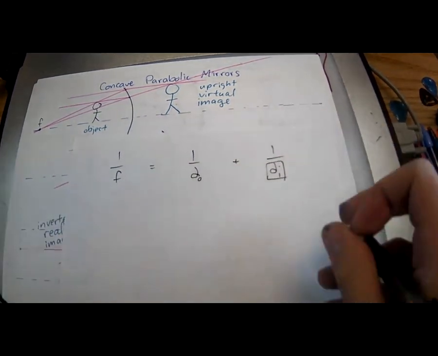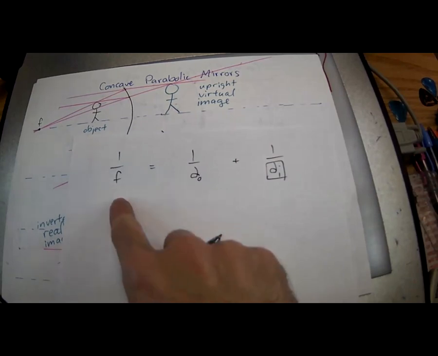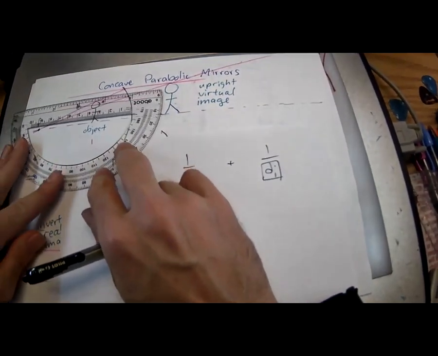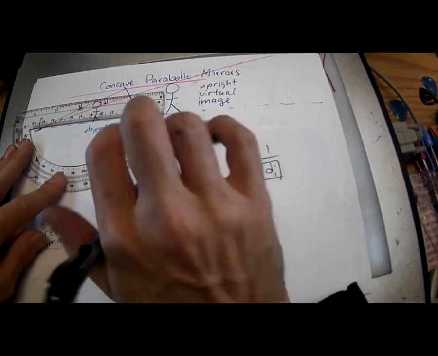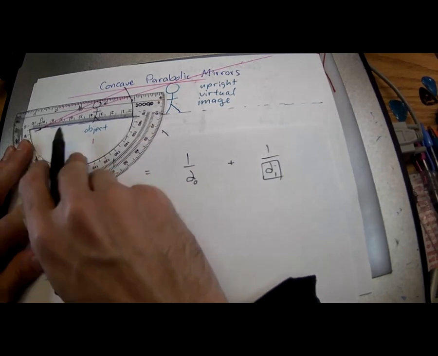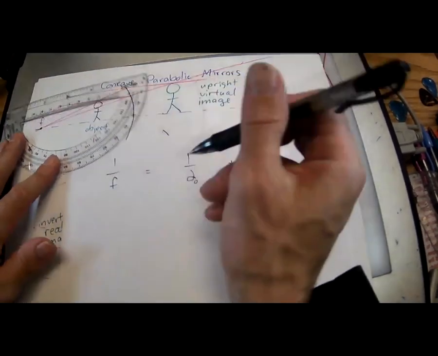Say we solve for distance image, just like we've been doing all along. So focal length, see exactly what it is on this paper. From the surface to the focal point, I'm reading 9.1 maybe? Yeah, let's call it 9.1.